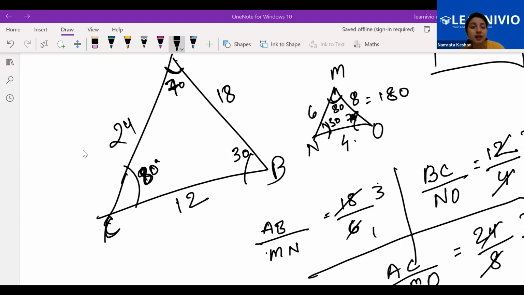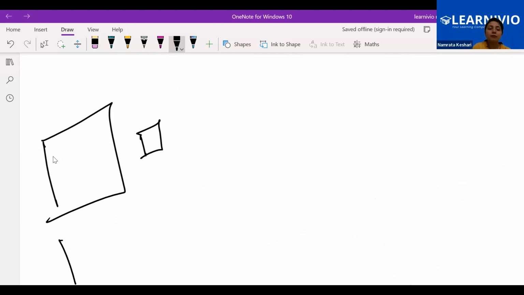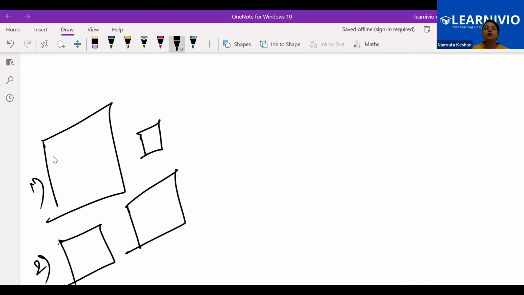That's why we say that all the squares are similar, like a bigger square, a smaller square, the medium size square, and again the bigger square. These all the squares are similar. Why are we saying this?